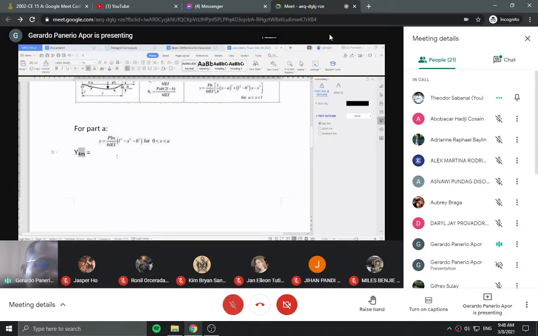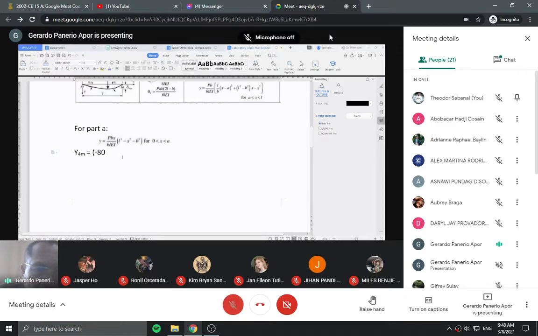So Y at 4 meters is equals to PBX. I have here P which is going down. P is going down. Okay, that's negative 80. I don't know if it's positive down, but let us just determine what's the outcome, no?